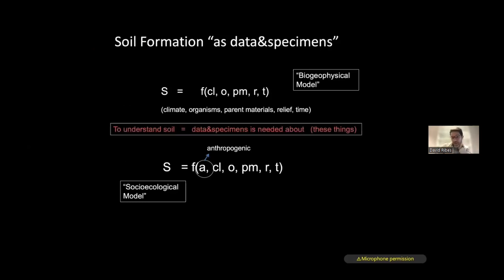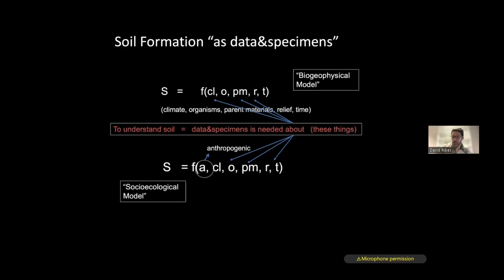The thing I want you to take away for this talk is that when that transition occurred, when ecologists moved from thinking about nature on its own, soil on its own, to a socio-ecological view of soil and humans together, a lot of what they did remained exactly the same, especially when it came to collecting data and specimens.